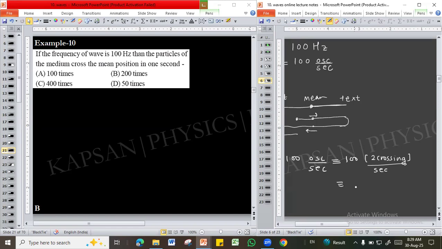So equivalent to 200 crossings per second. Therefore, the answer is 200. One oscillation can be replaced as 2 crossings. Clear? Yes.